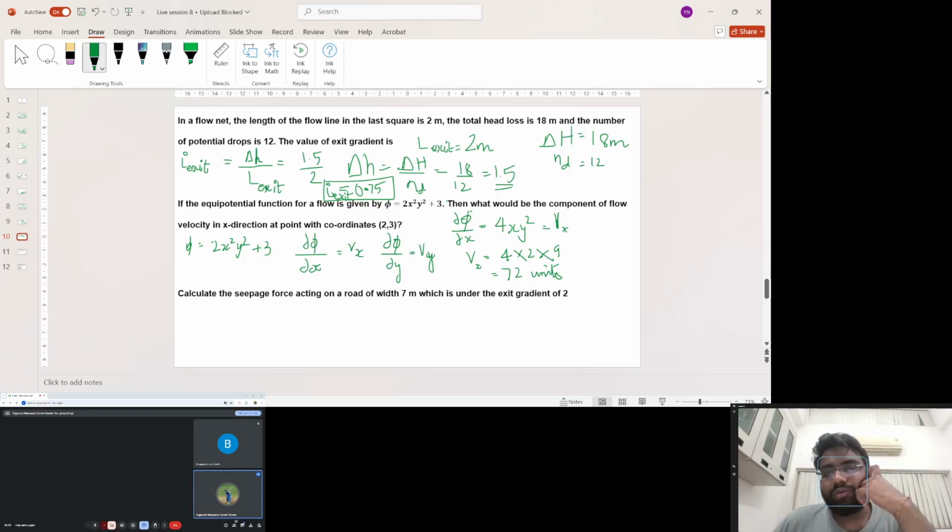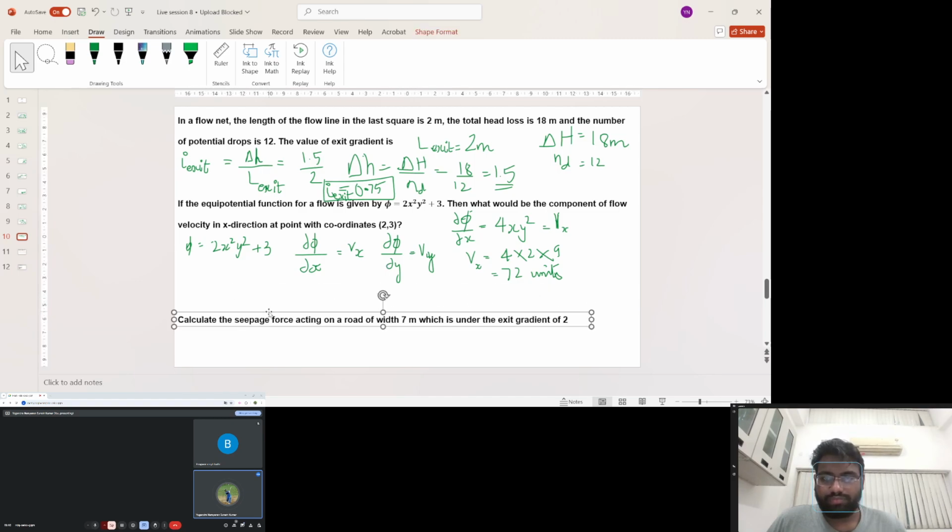Alright. Now if we have to compute Vy, let us extend this question. So dou phi by dou y gives us 4x square y plus 0.